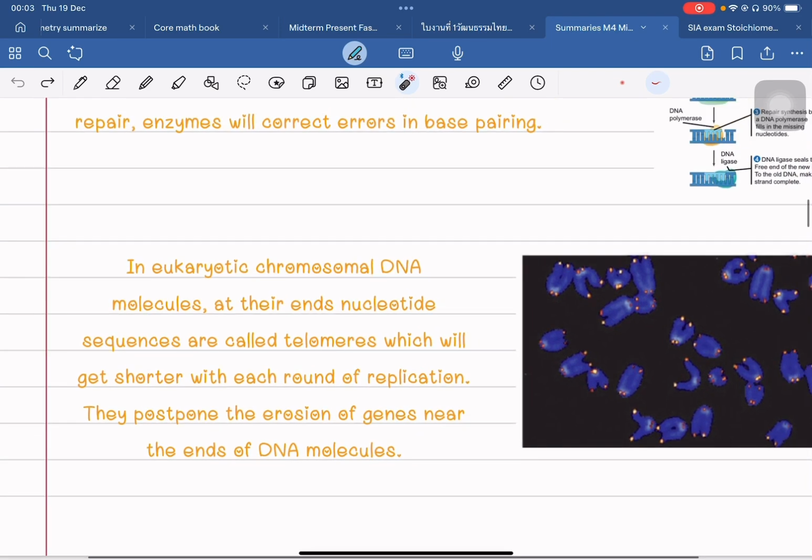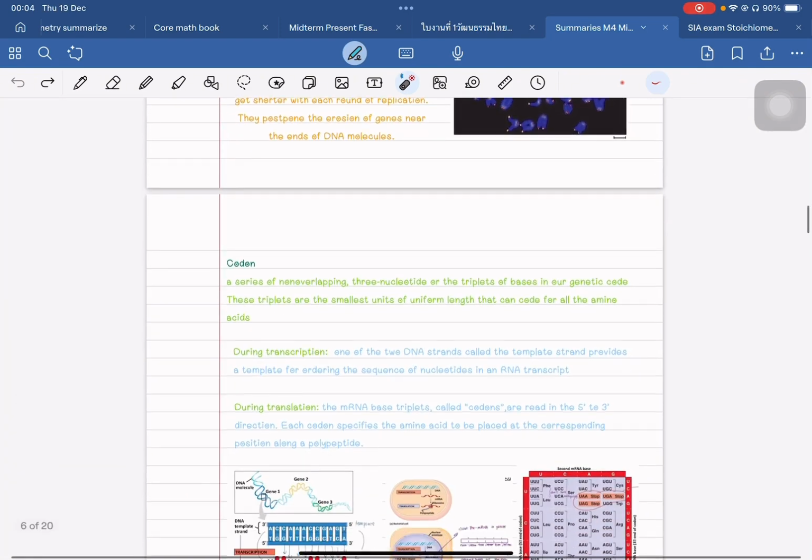And in eukaryotic chromosomal DNA molecules, at the end of the nucleotide sequence are things called telomeres. They get shorter each time replication is done. They postpone the erosion of genes near the ends of DNA molecules.